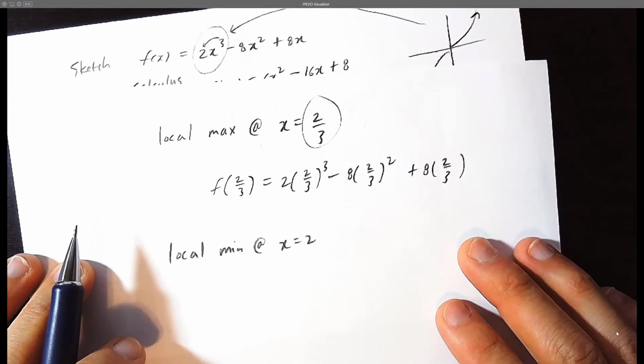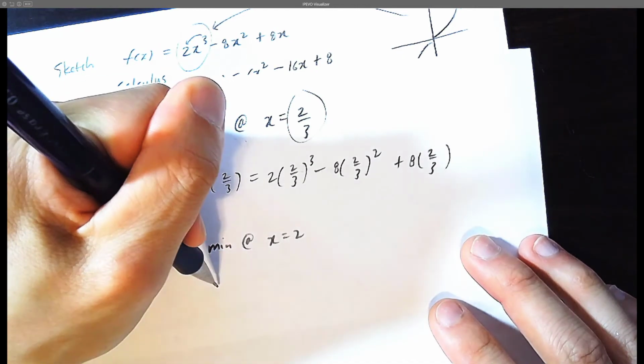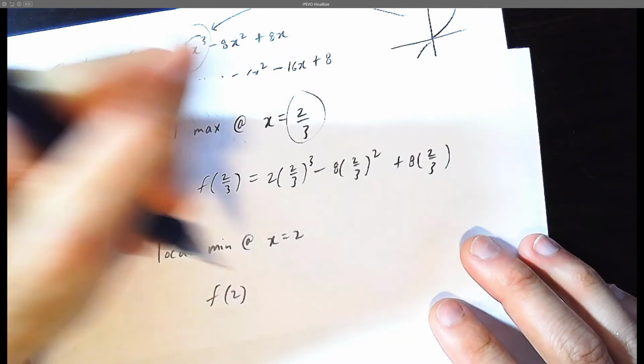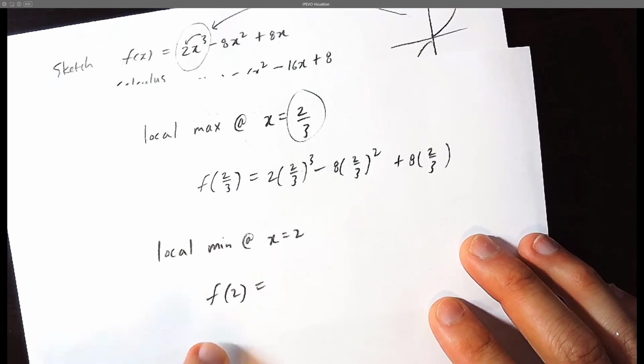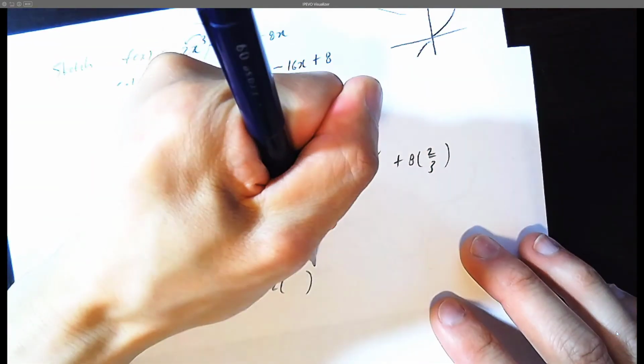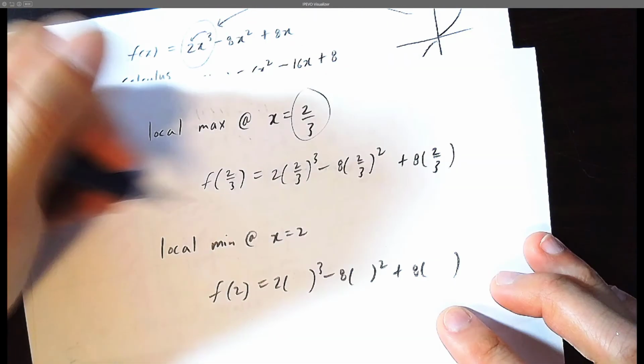Similarly, you can find the actual y coordinate of the local min if you plug 2 into the actual function, not the derivative function. So it would be 2 something cubed minus 8 something squared plus 8 something, and we're going to substitute in 2.